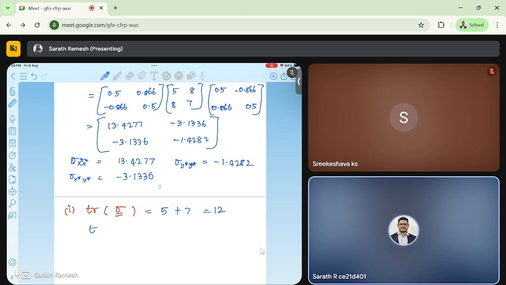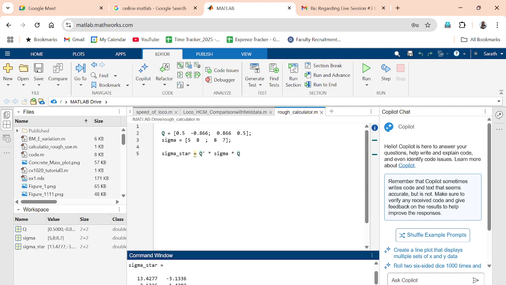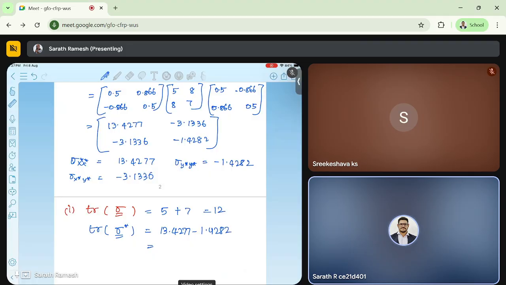Here, trace of sigma star would be 13.4277 minus 1.4282. So which is how much? 13 minus 1, 12. So it is nearly 12 exactly.